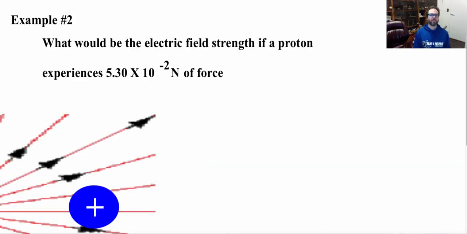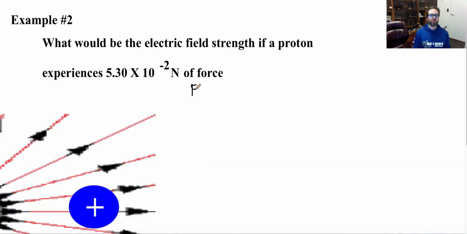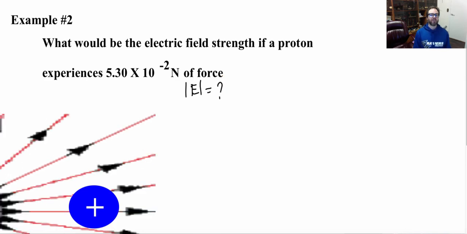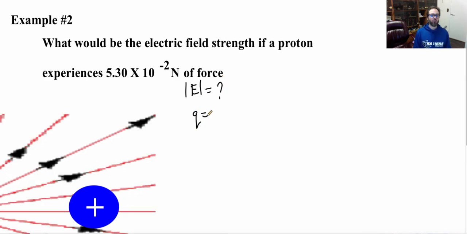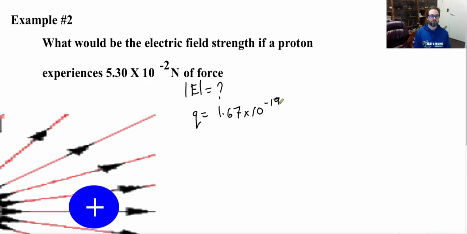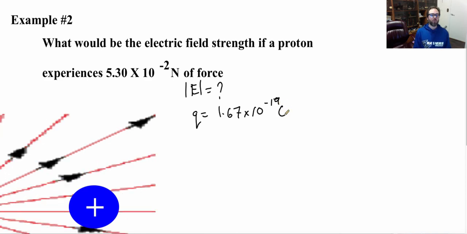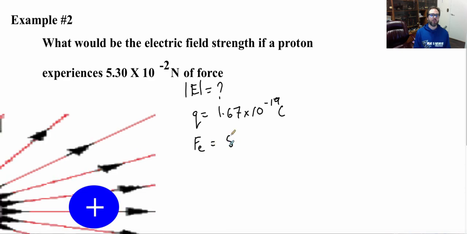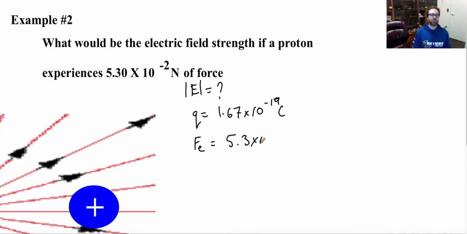So let's take a look at example 2. Here we're trying to figure out my electric field strength. And it is an electric field strength on a proton, which we know the charge is 1.67 times 10 to the negative 19 coulombs. And we know the force applied to that proton from the electric field is 5.3 times 10 to the negative 2 newtons.